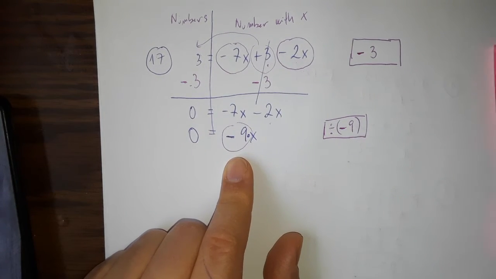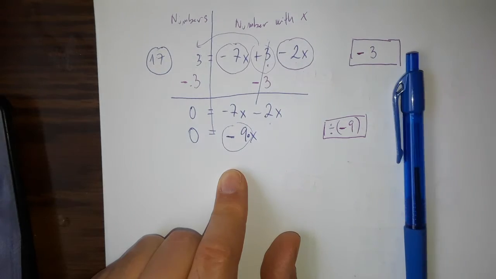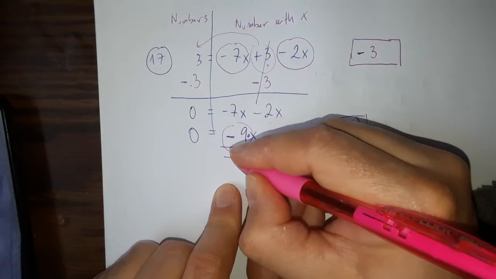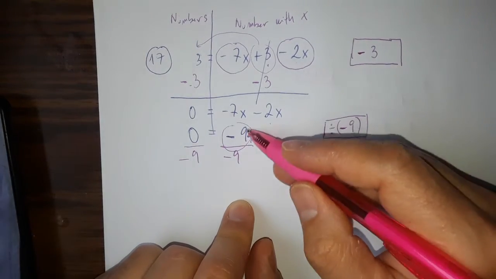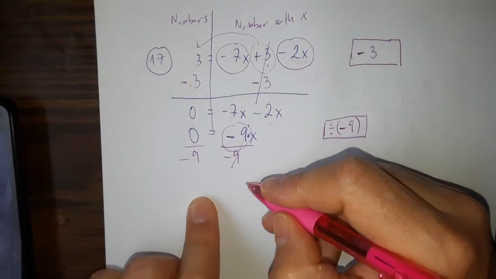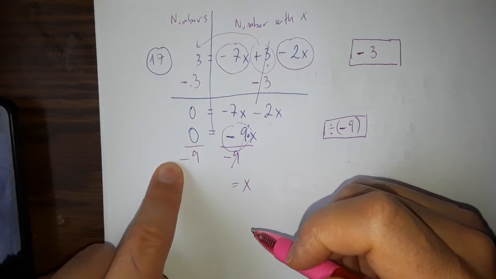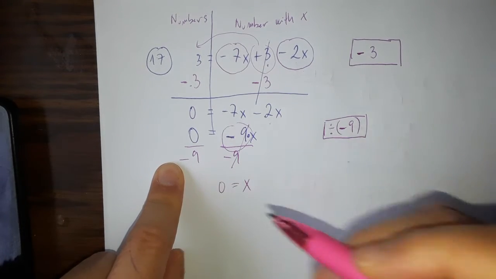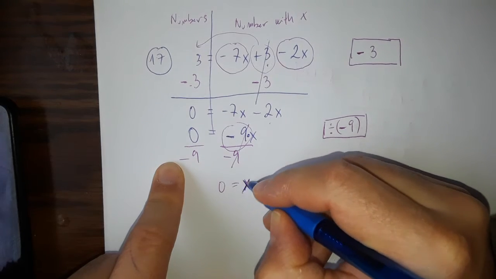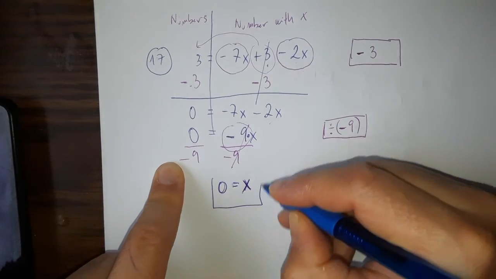So now we have negative over -9, this cancels out, right? And we have x equals 0 over -9, and 0 over -9 is actually 0. Okay, so that's it, x equals 0 for 17.